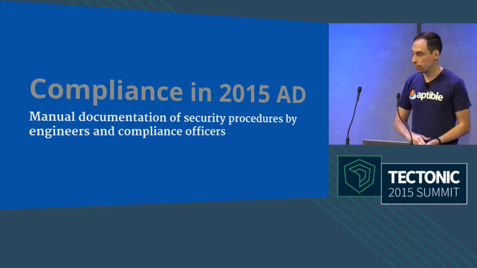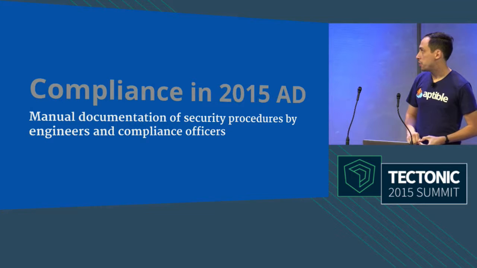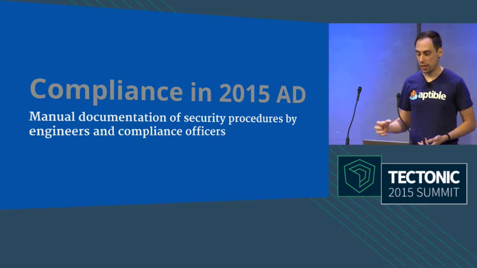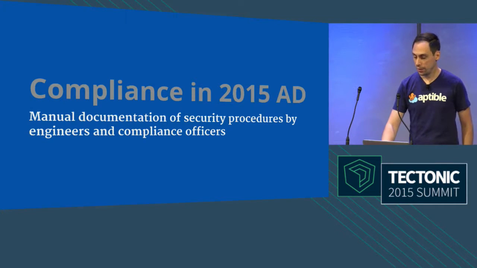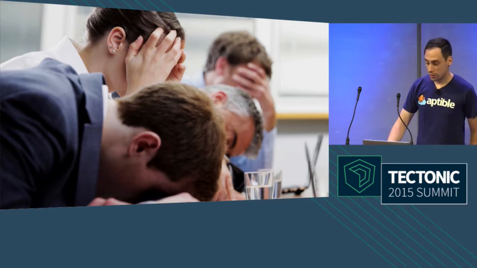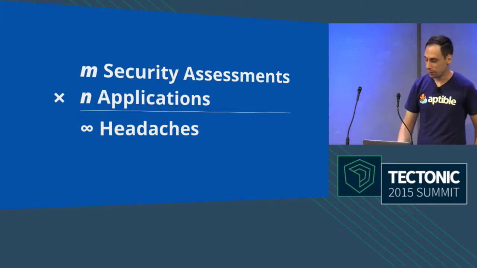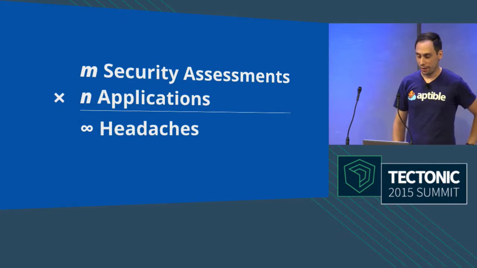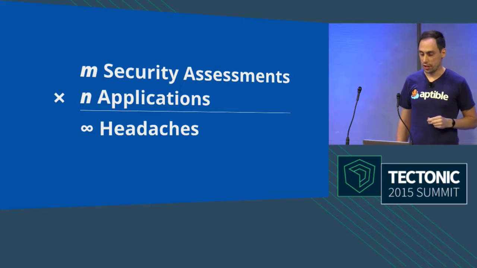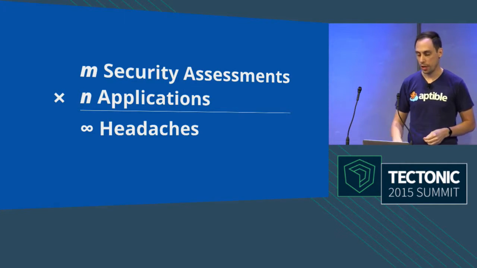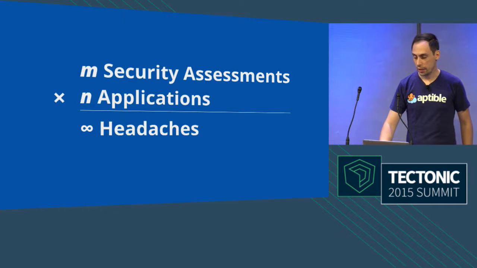And most of the time, the majority of companies out there are still managing this compliance by manually documenting all of the security procedures of the organization, getting engineers and compliance officers in the same room and writing everything down. And those meetings generally look something like this, as you can imagine. So to turn it into some math, we've got dozens of security assessments and countless applications deployed in the cloud that need to be audited, and it just creates tons of headaches.